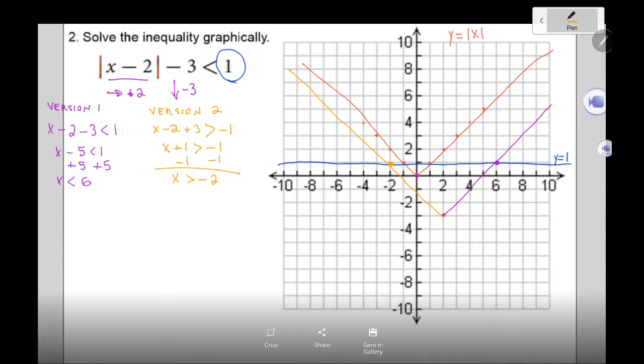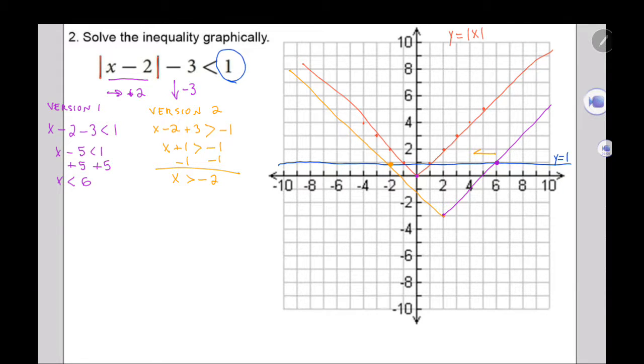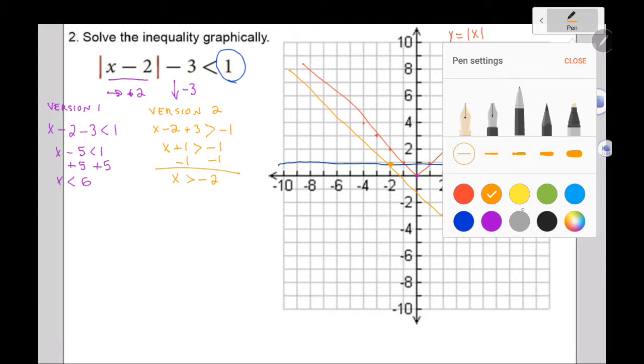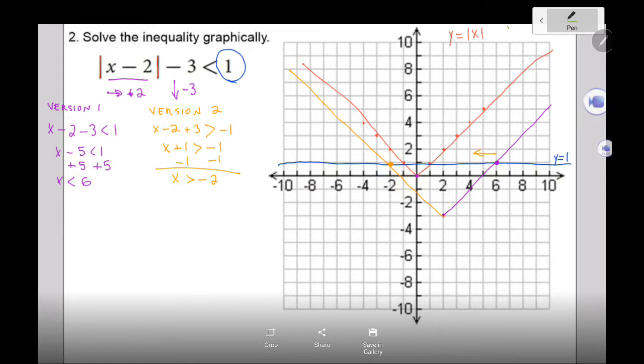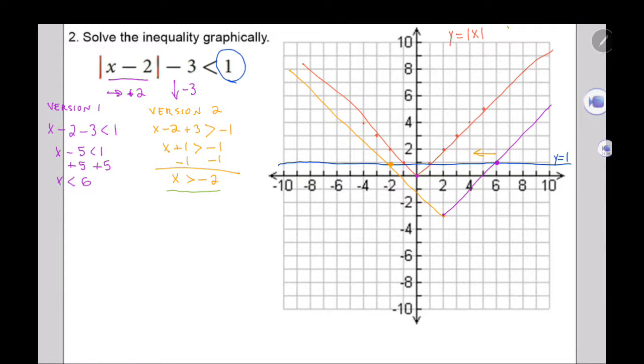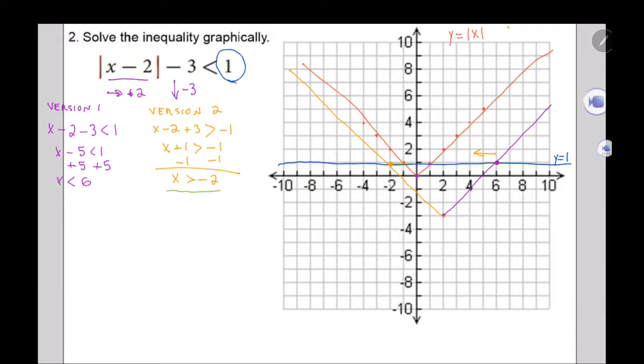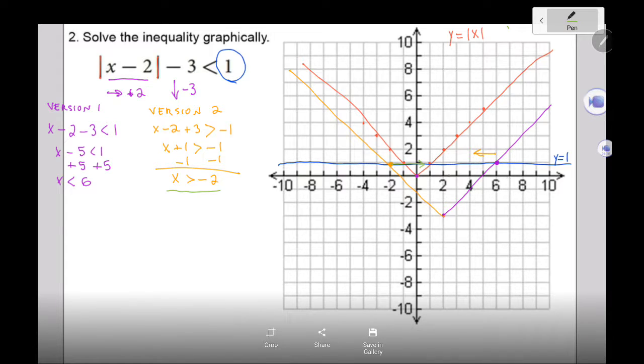So we said that it was going to be less than 1 when x is less than 6, and you can see when x is less than 6, it is indeed less than 1. It's under the blue line. And you can also see that when x is greater than negative 2, it is less than this blue line.